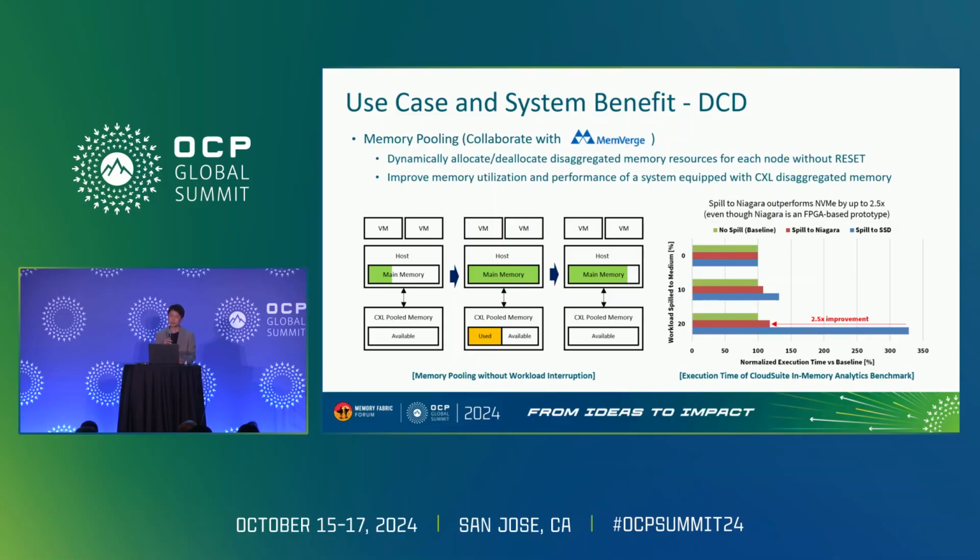And on the right side, we evaluate the system performance using the CloudSweep benchmark. Notably, spilling 20% of data to the Niagara resulted in a performance improvement of up to 2.5 times compared to spilling to NVMe. So we demonstrated that even an FPGA-based memory system can effectively mitigate the performance loss.